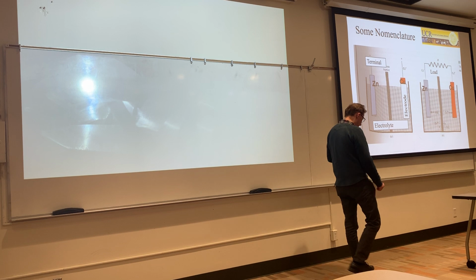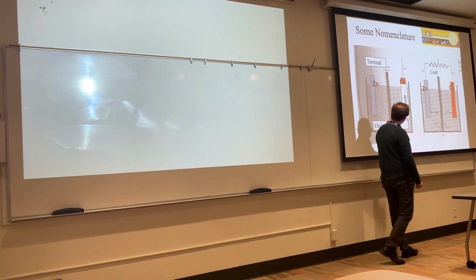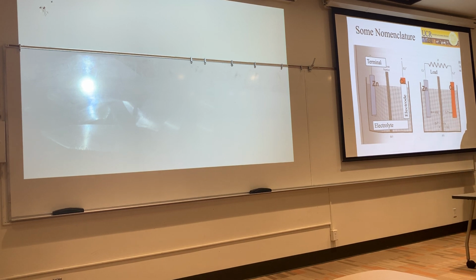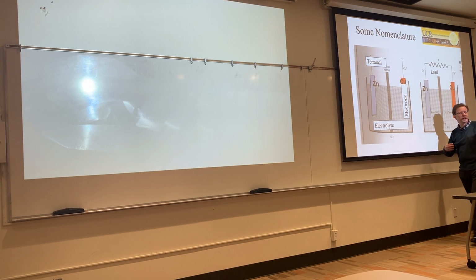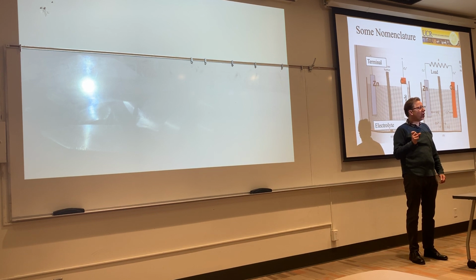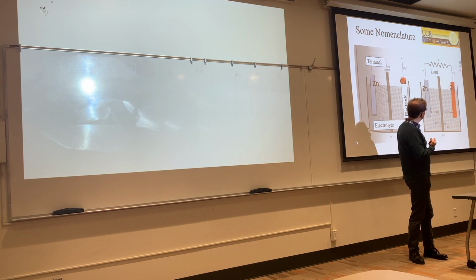So what were the two differences? And how does it relate to this particular Daniell cell? Now, reversible means that if we operate this thing as a galvanic cell, meaning as a battery, or as an electrolytic cell, meaning doing recharge, then exactly the opposite reactions take place. Is this the case here?